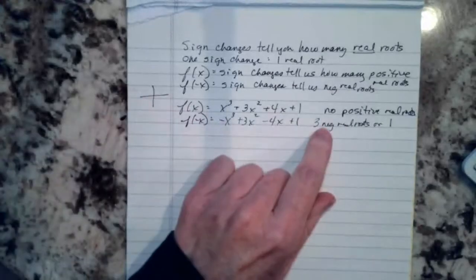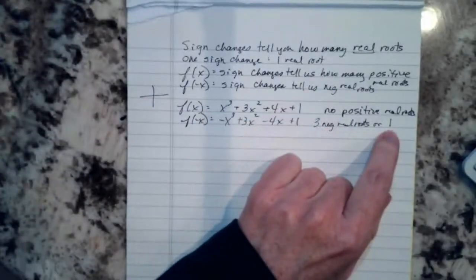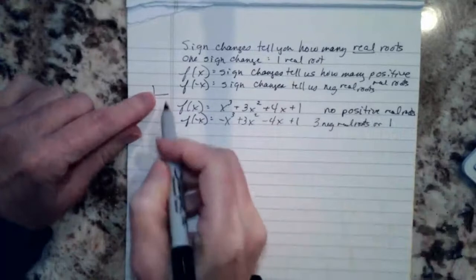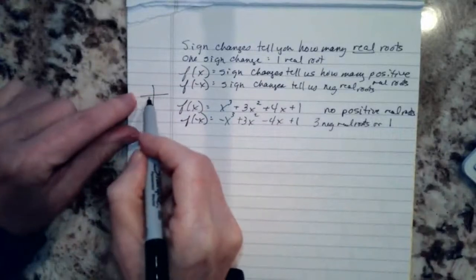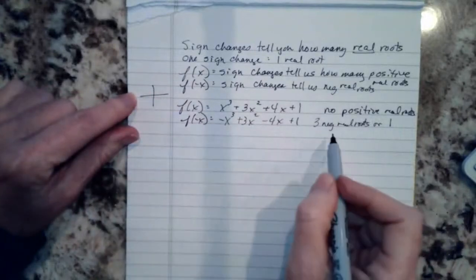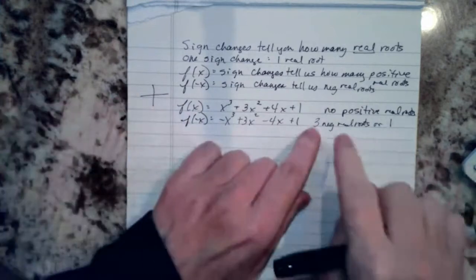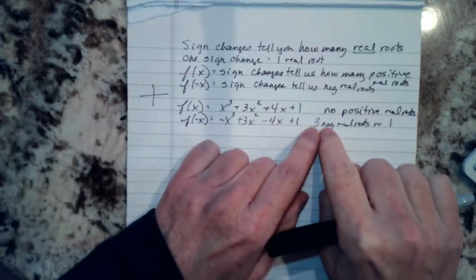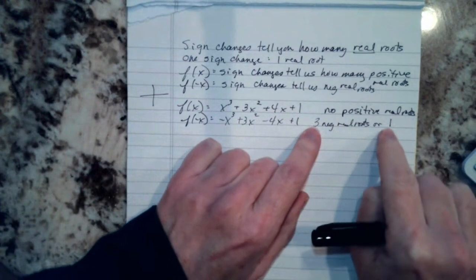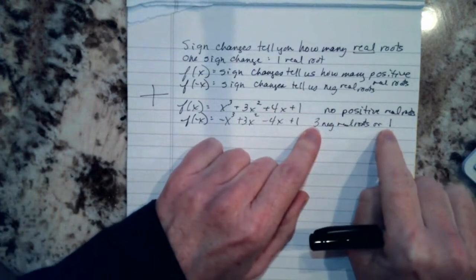It has to happen 3 times or 1 time. We won't have any positive real roots. It'll never cross over here. It's only going to cross over here, and it will only cross 3 times on the x-axis or 1. That's all. When we have a number here, you're always going to subtract 2 to find the other possible numbers.